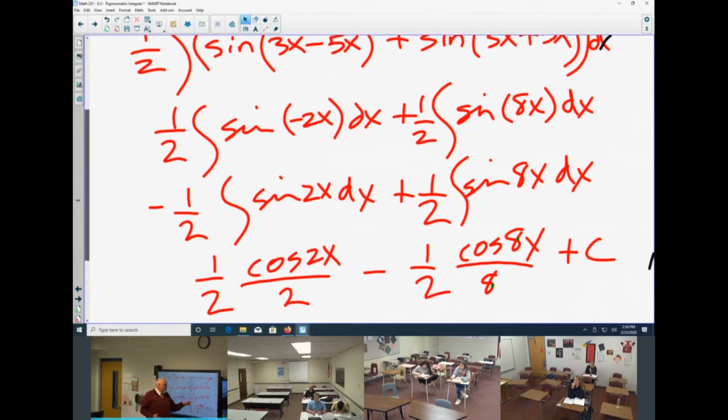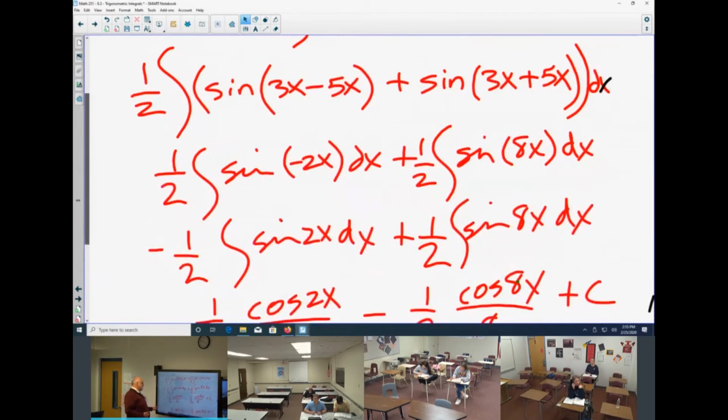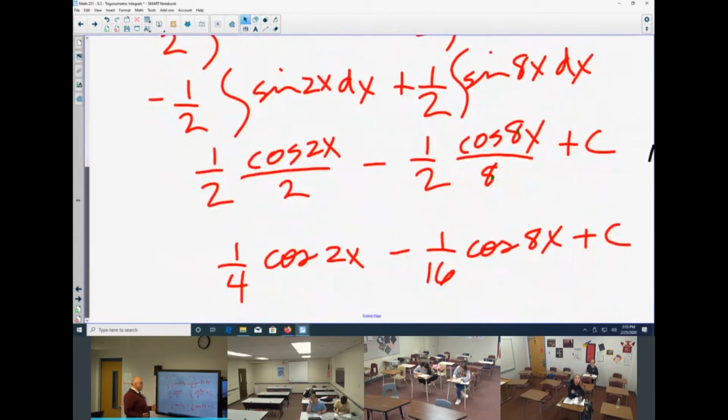The integral of sine 8x is negative cosine 8x divided by 8, so this negative will come in front. These 8s you can't cancel, because this 8 is inside an argument and this one is not. But you can multiply the 2 by the 2 and the 2 by the 8, and so your final answer would be 1/4 cosine 2x minus 1/16 cosine 8x plus C.